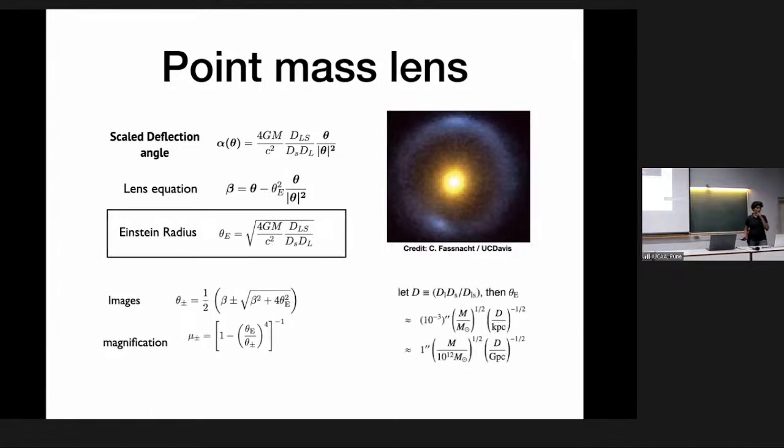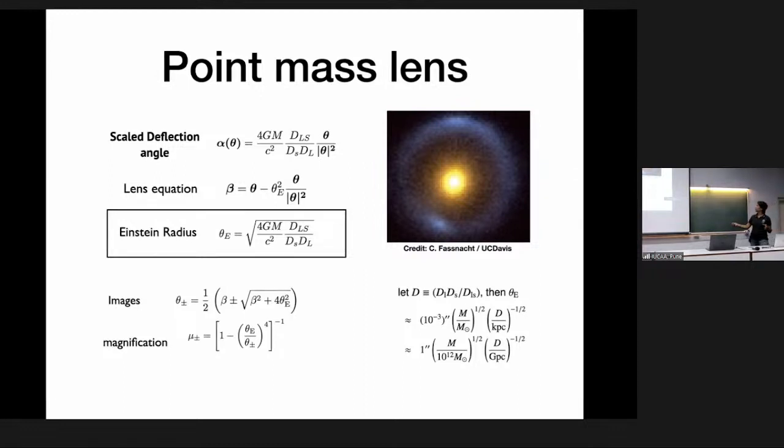So just to give a sense of the scales here, if you look at this particular Einstein radius expression, and you put in some typical distance estimates, for example a few kiloparsecs for objects within our own galaxy, and also use masses comparable to stars, we get the scale of this Einstein radius to be of the order of an arc second.